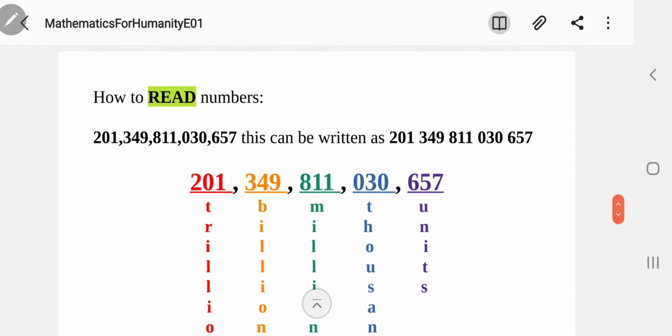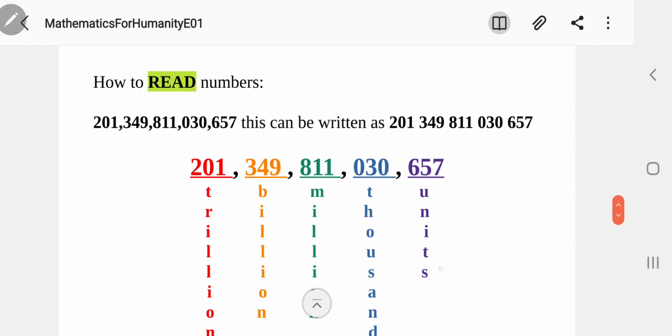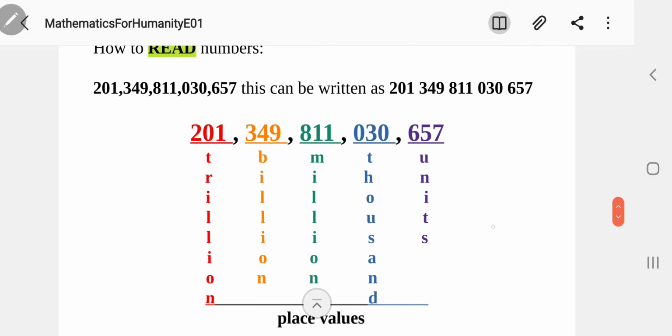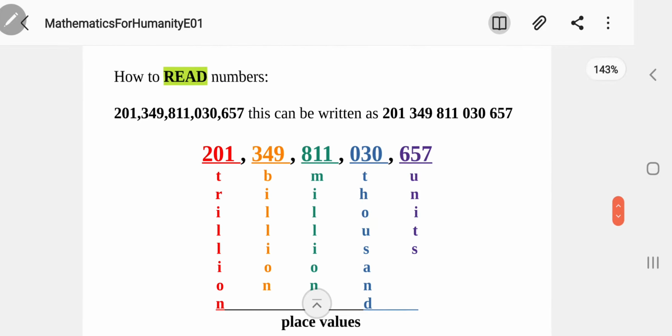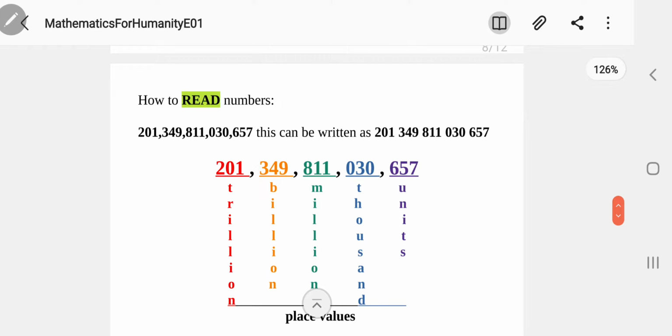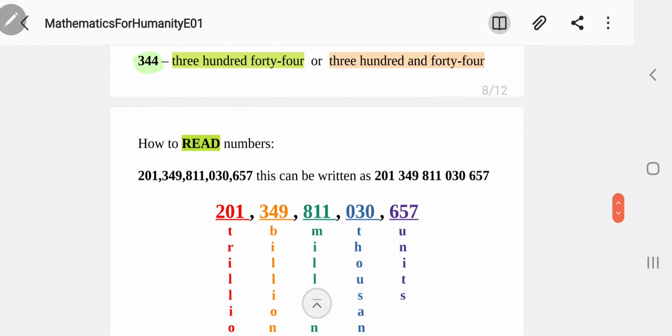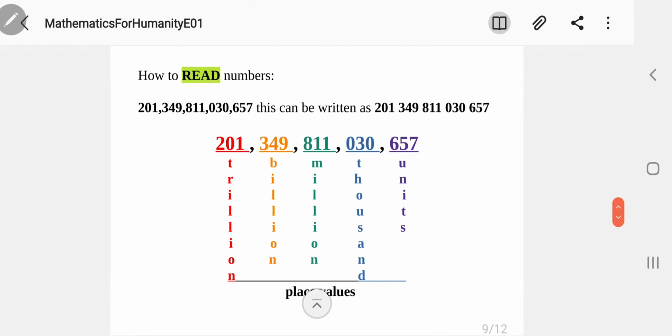Next, how to read large numbers. How are these numbers read? This one. So in this case, you have a very large number, which is, if we count the number of digits, 1, 2, 3, 4, 5, 6, 7, 8, 9, 10, 11, 12, 13, 14, 15.